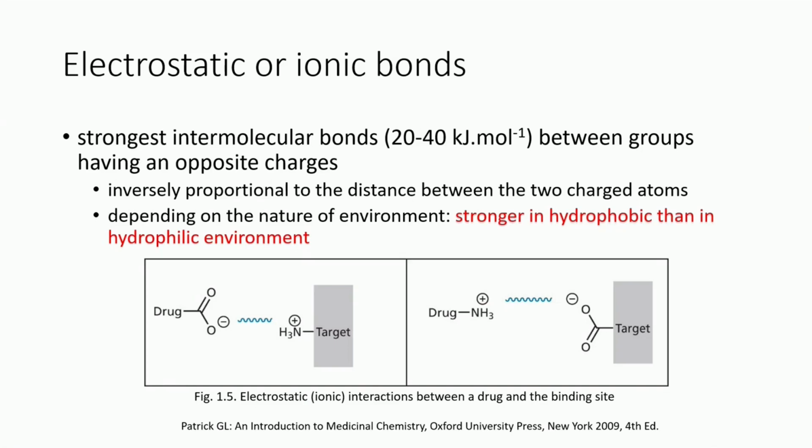So it is generally known that it's the interaction between negatively and positively charged parts in the molecules. You can see both the types where the negative charge is in the drug or in the target. So it's very strong interaction, and it is even stronger in hydrophobic environment.